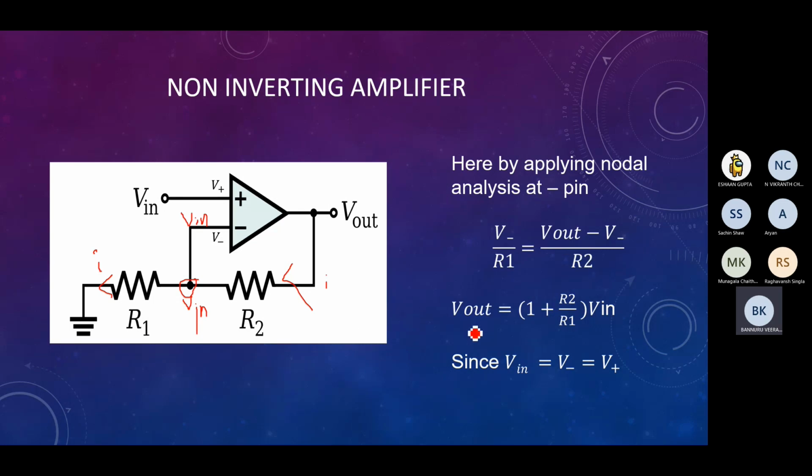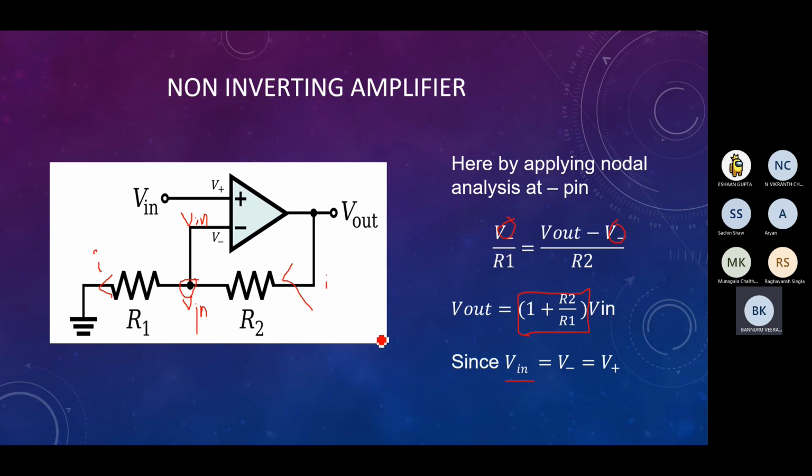If we solve for V out, we get V out equals 1 plus R2 by R1 times V in, and this is the gain of the amplifier. We are using V minus as both V plus and V minus are equal to V in.